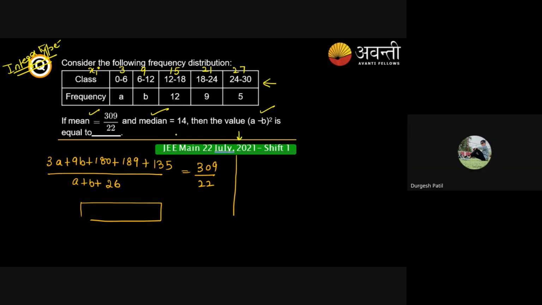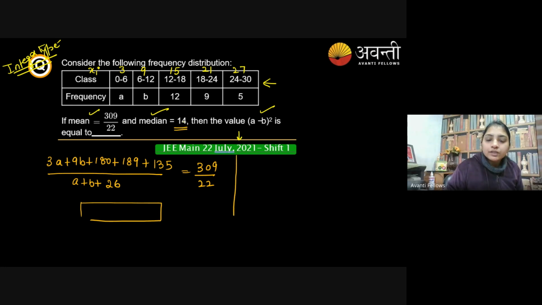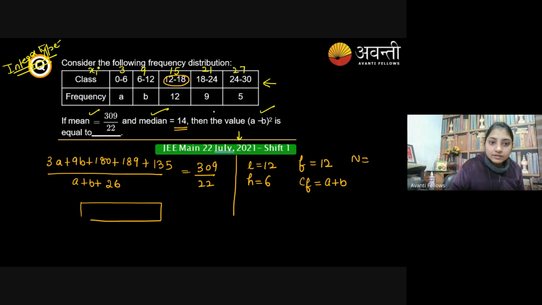Similarly, the median is given as 14. It means my median class is 12 to 18. So L is 12, h is 6, frequency is 12. The cumulative frequency is A plus B, and capital N is 26 plus A plus B. It means (26 plus A plus B) divided by 2.